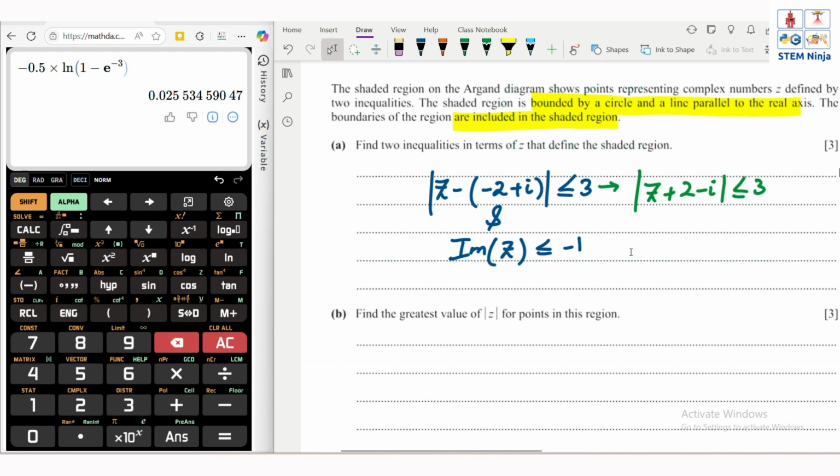Find the greatest value of mod z for the points in this region. Mod z means the distance from the origin.